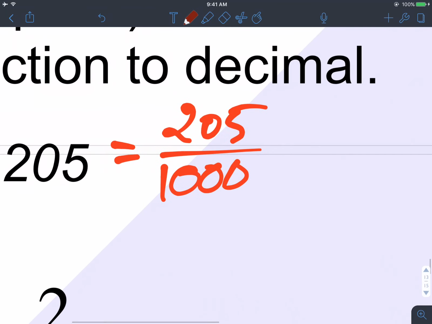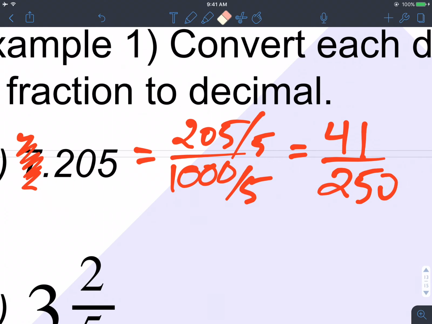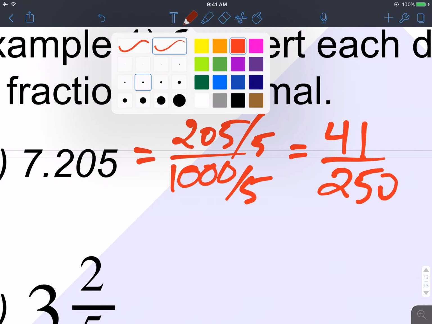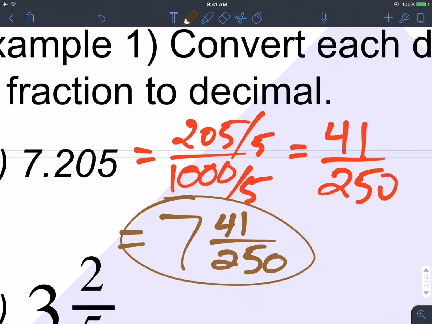And then I have to go through that reduction. 205 divided by 5. 41 over 250. Okay? But just don't forget, 7 is a whole number, right? So let's just write it as a mixed fraction. I don't think that reduces more because I think 41's a prime number. All right, there's that one.